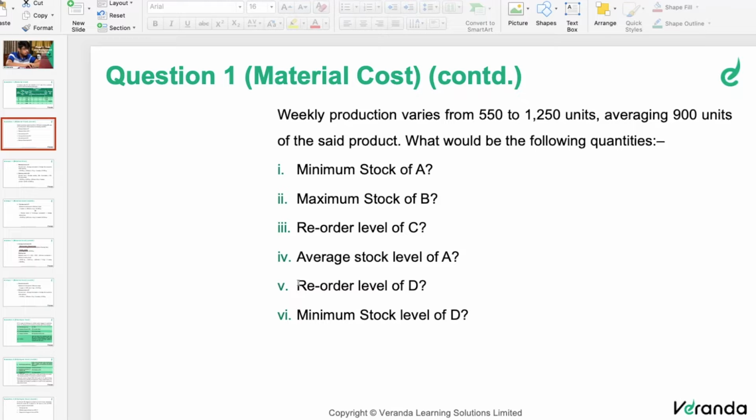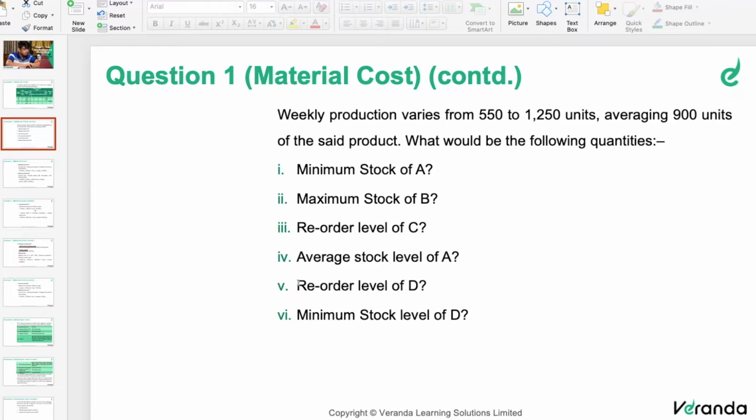What are the various stock levels? Maximum level, minimum level, reorder level, average level, danger level. Zero level also will be there in your textbook. Zero level is nothing but no stock; for that, no formula, zero only. So you have to remember the formula for maximum level, minimum level, reorder level, average level, danger level.